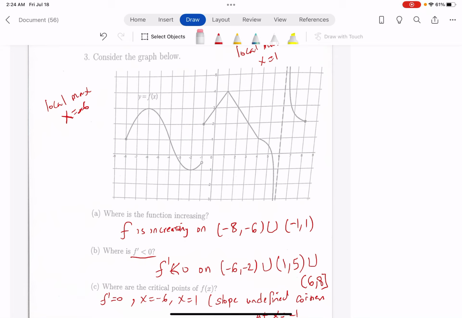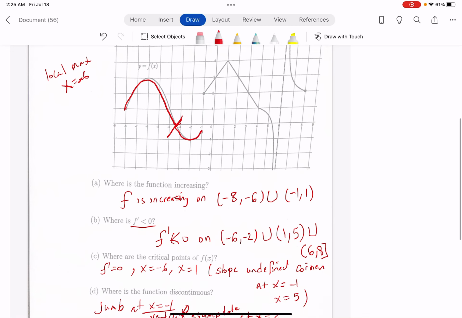Look at that, this is concave down, and there is a switch somehow to concave up. That switch is approximately around -3.5.